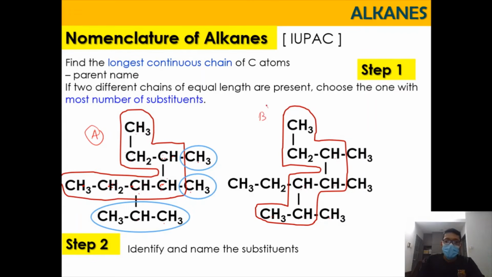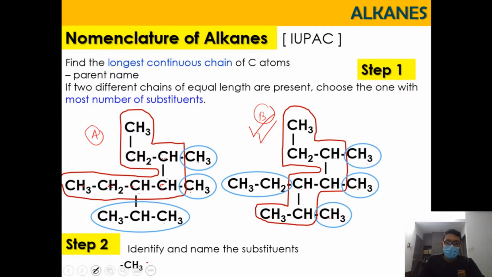Meanwhile, for situation B, we have 1, 2, 3, and 4. So we will select structure B, because it has more substituents. The same compound, but we choose the one that gets us the most branching.